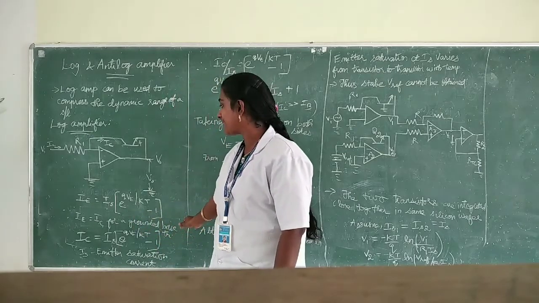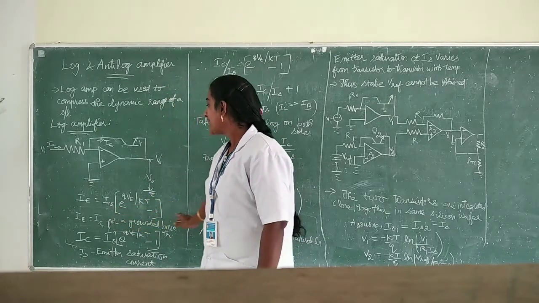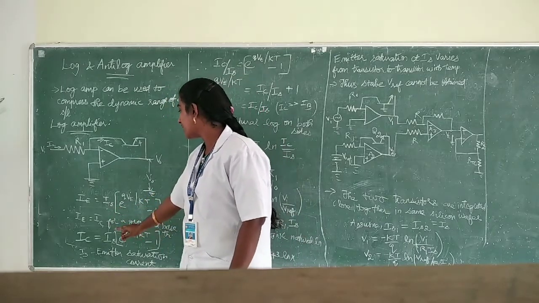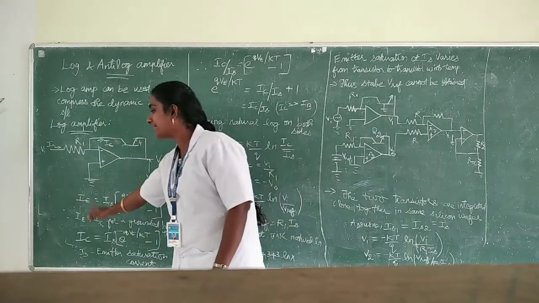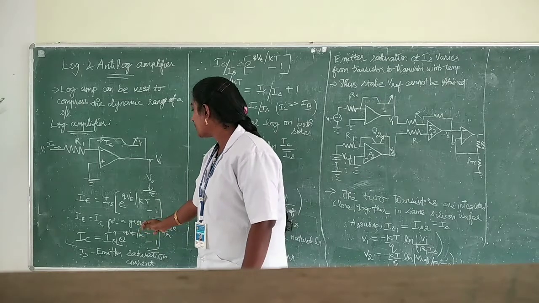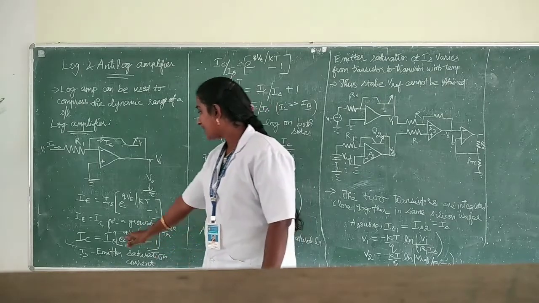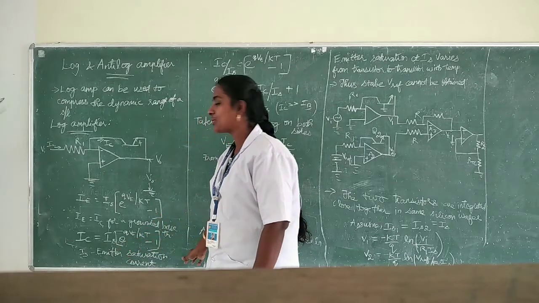So IC equal to IS into e power qVE divided by KT minus 1.